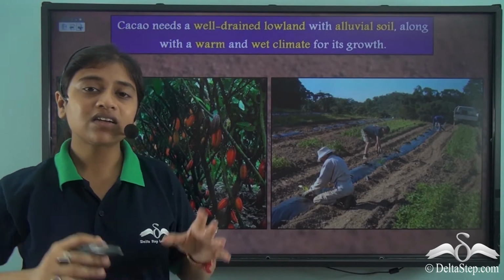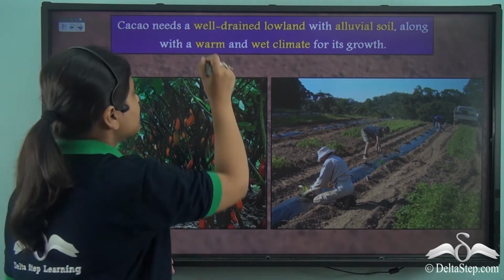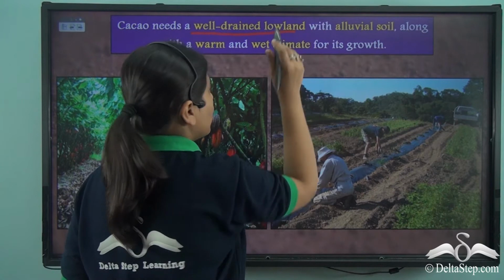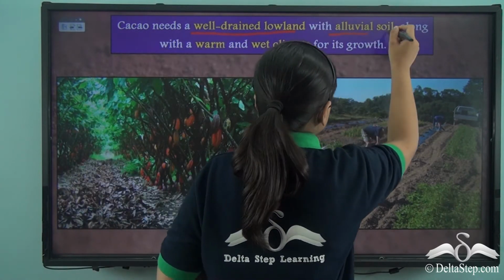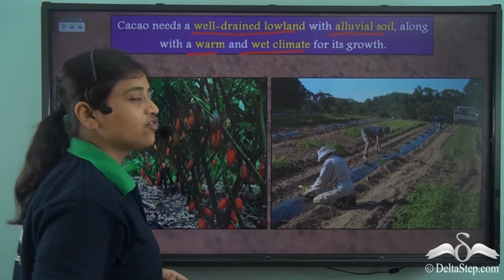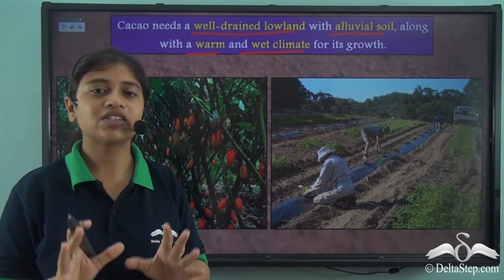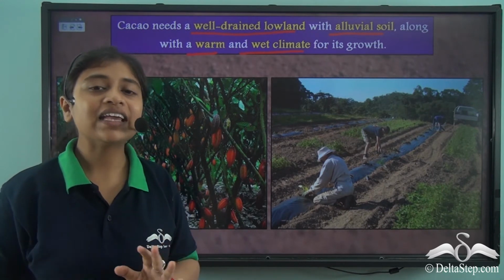Well, since the cacao tree is a tropical evergreen tree, it requires a well-drained lowland with alluvial soil along with a warm and wet climate for its growth. This means that it requires a soil that is porous and clayey in nature.